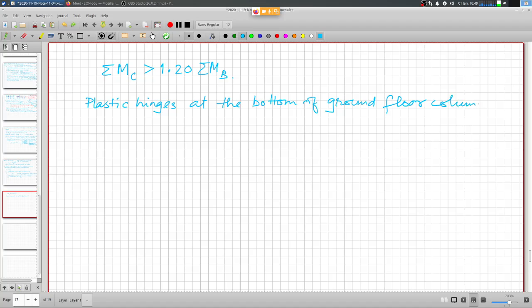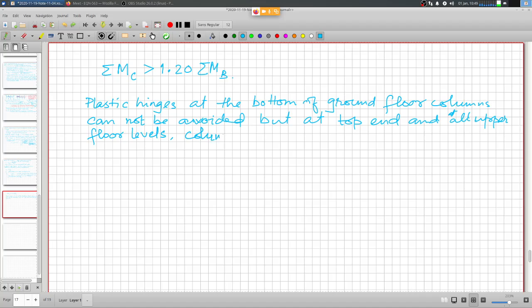in the ground floor columns cannot be avoided, but at the top end and at all upper floors, columns should not develop plastic hinges.